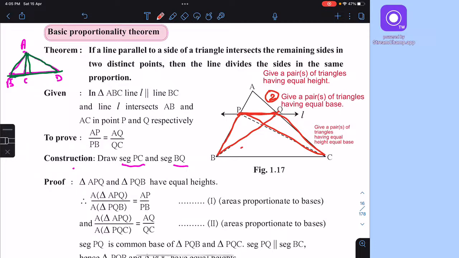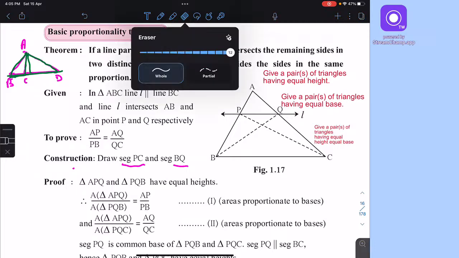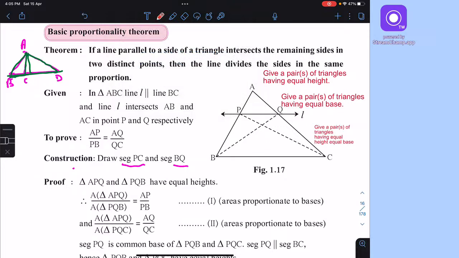On the base PQ there is PQA also, but that we are not requiring in this theorem, so you may ignore that. And the third question is: give pairs of triangles having equal height and equal base. If you remember all these three questions, you can write and understand this theorem.